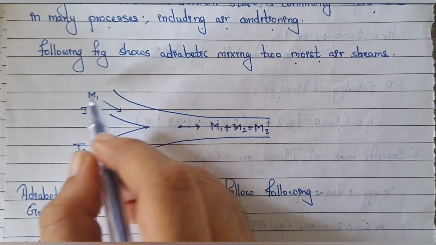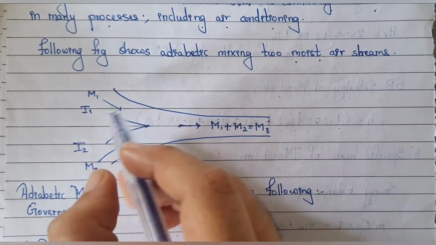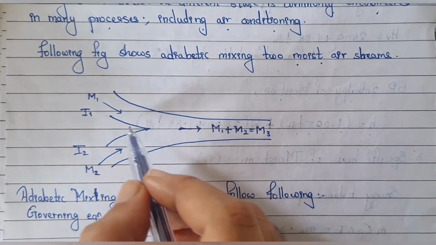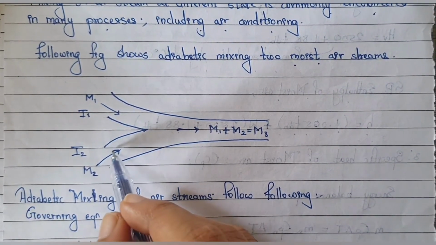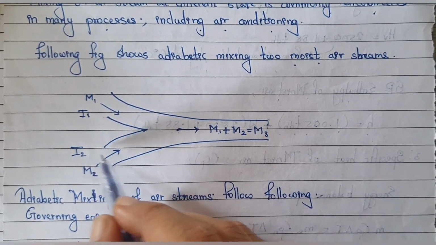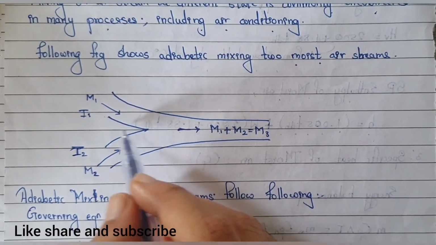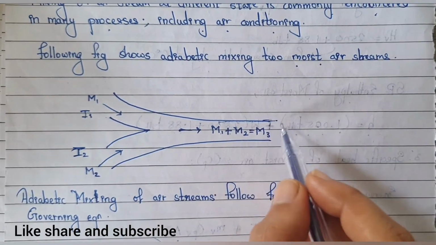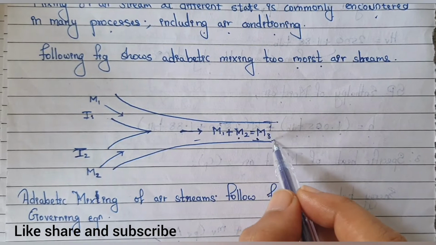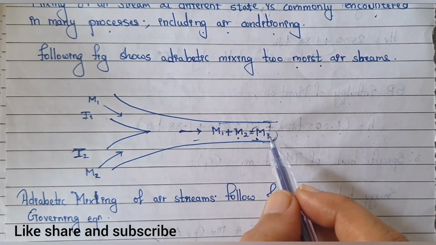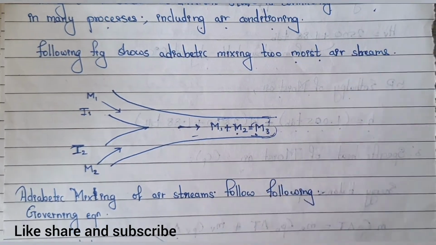From inlet number 1, mass m1 of air is coming in the stream, and from inlet number 2, mass m2 of air is coming in. Now after this, they both come into one stream, they get added, and we get the total mass flowing through, the total mass of the mixed air stream.